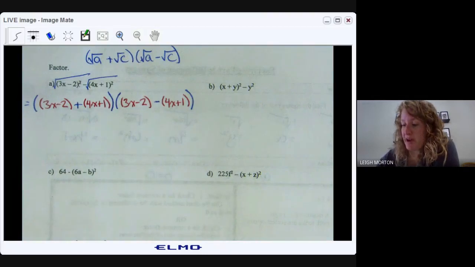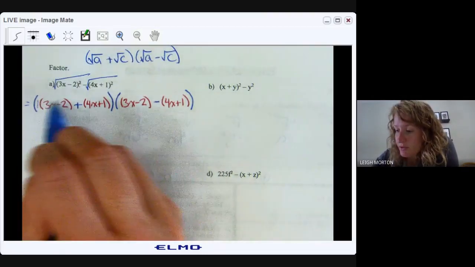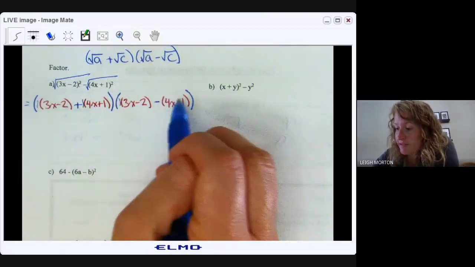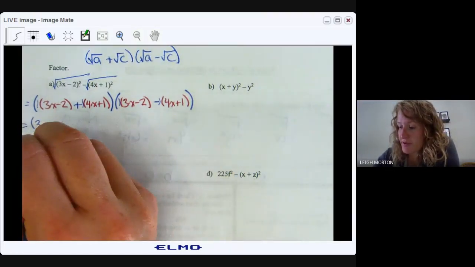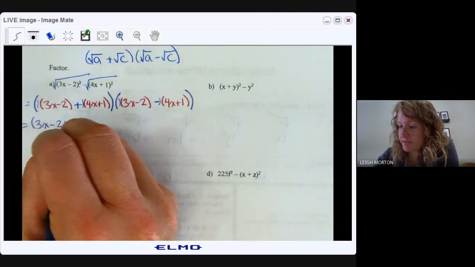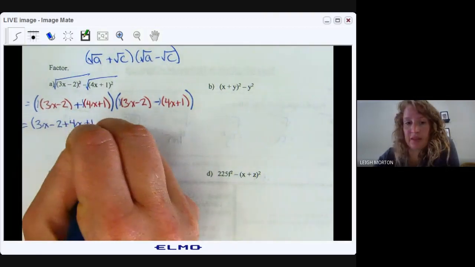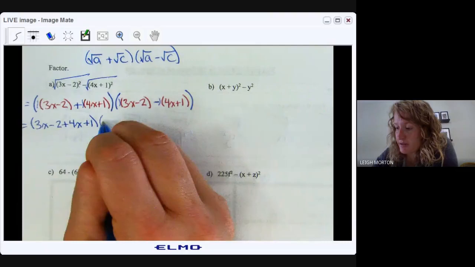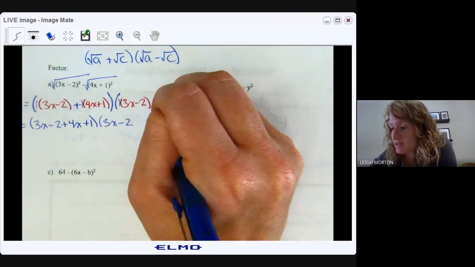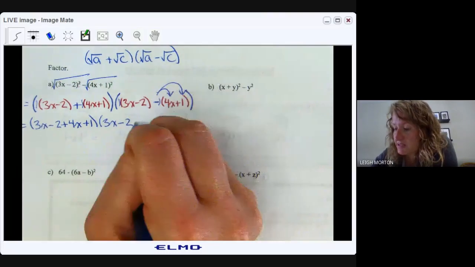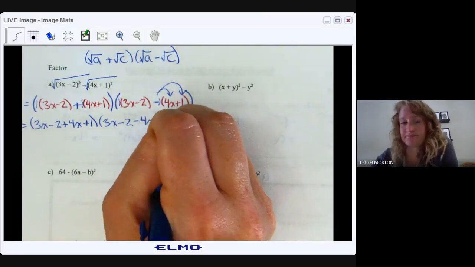And now I'll simplify. So there are invisible ones in front of all these brackets. So that leaves me with 3x minus 2 plus 4x plus 1 times 3x minus 2. Now this negative 1 gets distributed, so minus 4x minus 1.